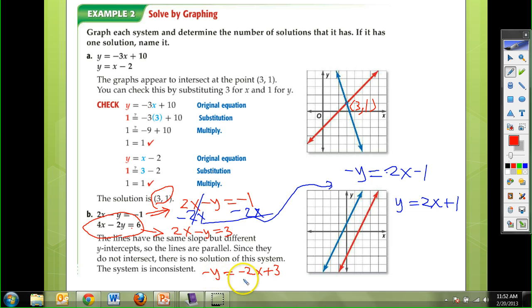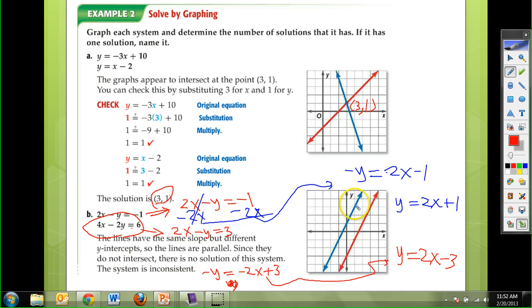Divide by negative 1 on each side, and you have y equals 2x minus 3. So again, you start with the y-intercept negative 3. The slope is 2, so that's 2 over 1, rise 2, run 1, and there's your red graph there.